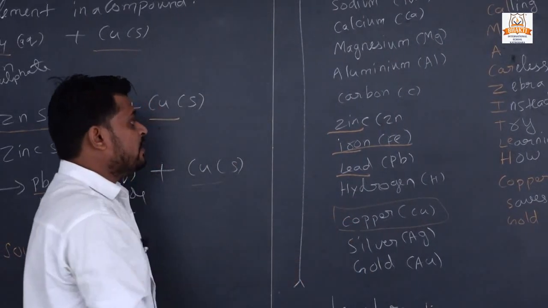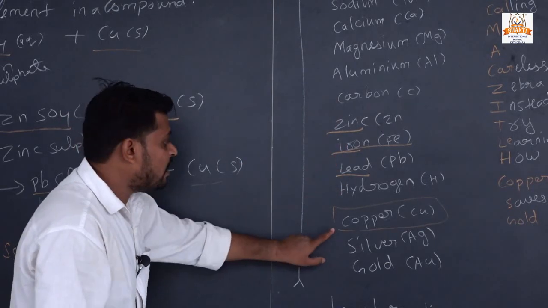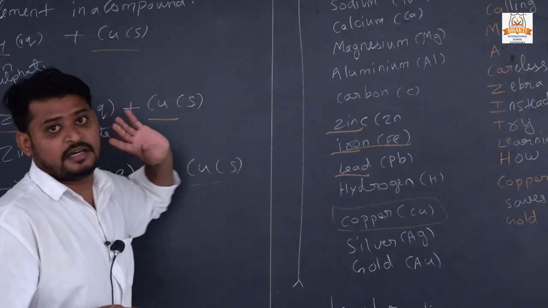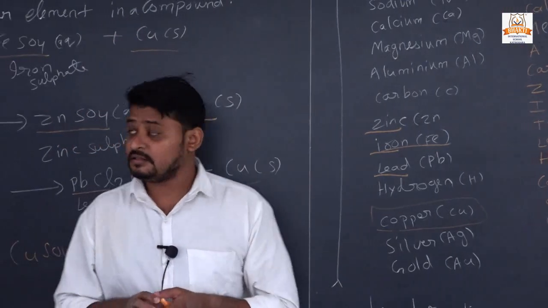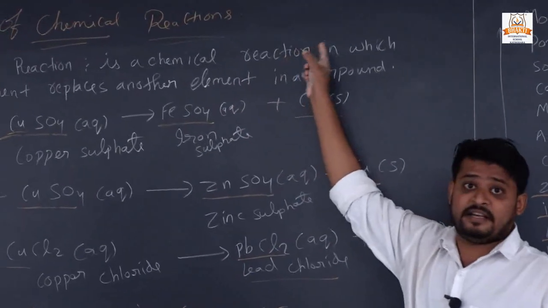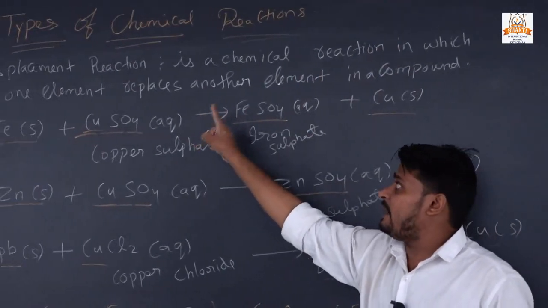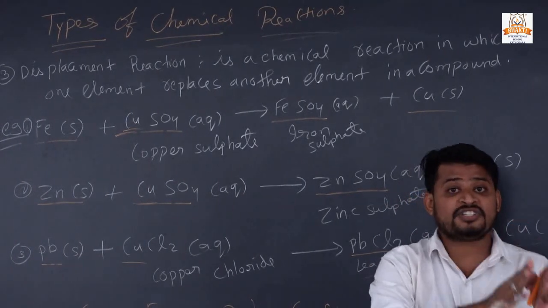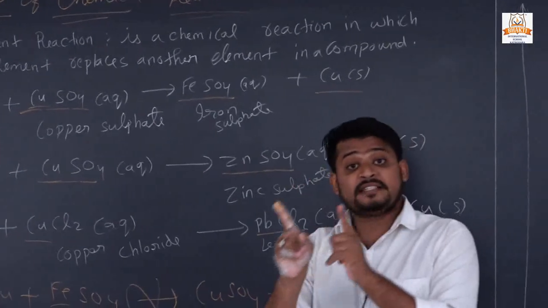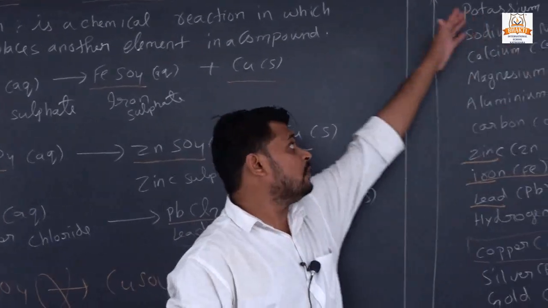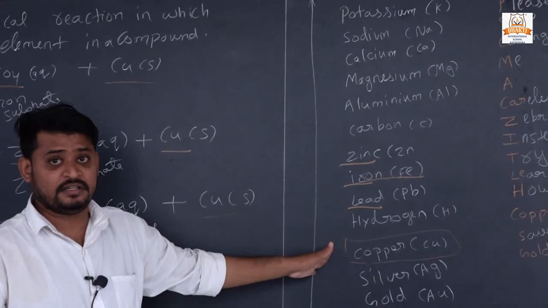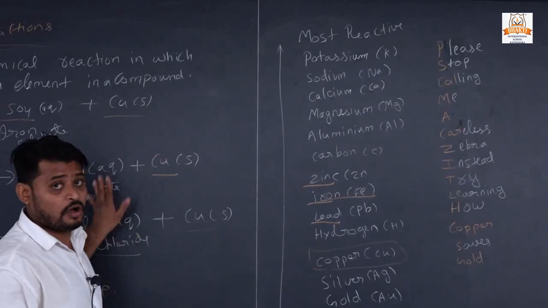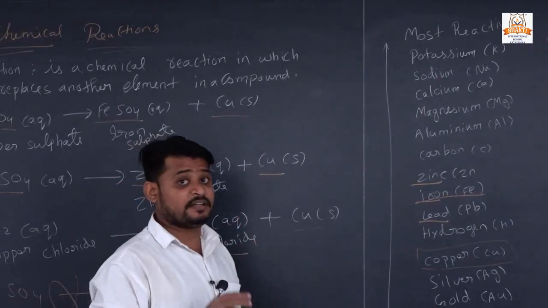That's why these elements replace copper. Understand? So what is a displacement reaction? A displacement reaction is a chemical reaction in which one element replaces another element. And which element replaces? The most reactive element replaces the least reactive element. So you have to learn this whole reactivity series, then you will easily be able to solve all displacement reactions.